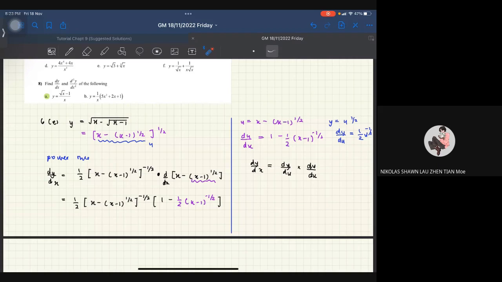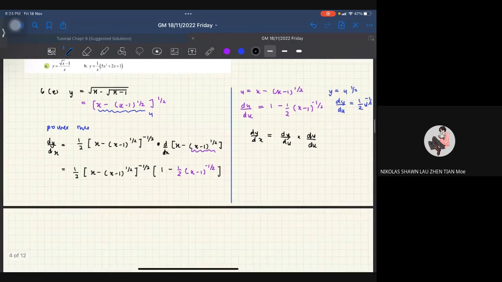Tak apa, kita tengok mana yang kita mampu je. Right? So, let's continue to number 8A. Okay, so nombor 8A, saya salin dulu soalan. Kita ada apa kat situ? Y is equals to square root of x minus 1 over x.